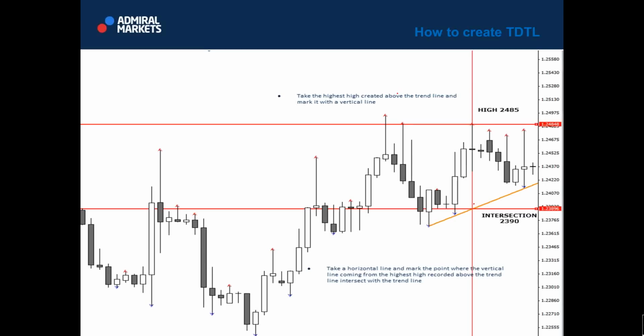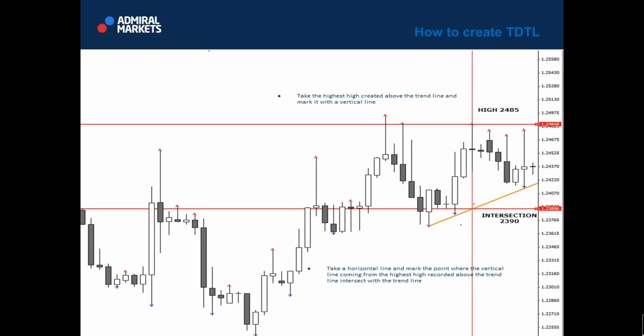So, again guys, take the highest high created above the trend line and mark it with a vertical line, okay? That is the first step. You always need to determine the price projection. So this was the high which was contained within this trend line.